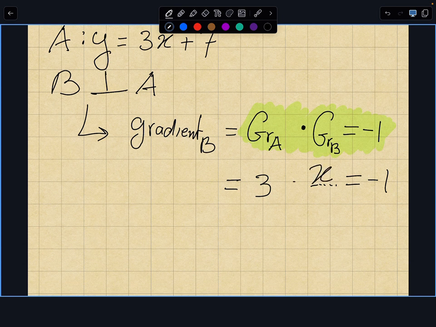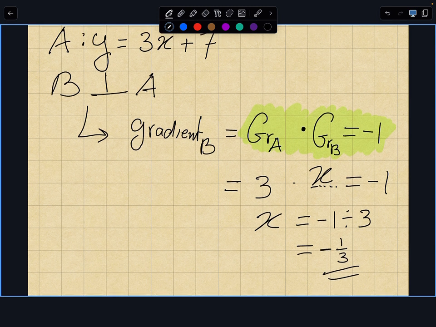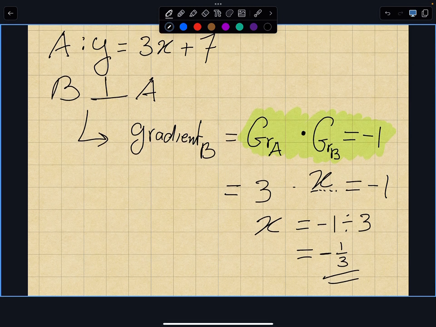Let's say we place x. 3x is -1. x is -1 divided by 3, which your answer then becomes -1/3. It doesn't get any simpler than this. Gradient of the one you know multiplied by the one you don't know equals -1. That's how I remember it.